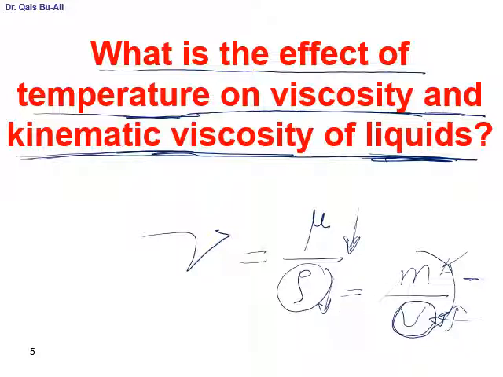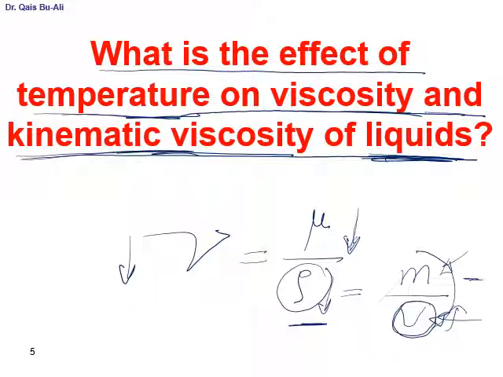So what's happening here? These effects contradict each other, because decreasing the viscosity will decrease the kinematic viscosity, but decreasing the density will increase it. So there is a counter effect here. But maybe the effect of one of them is more pronounced, bigger than the other one.